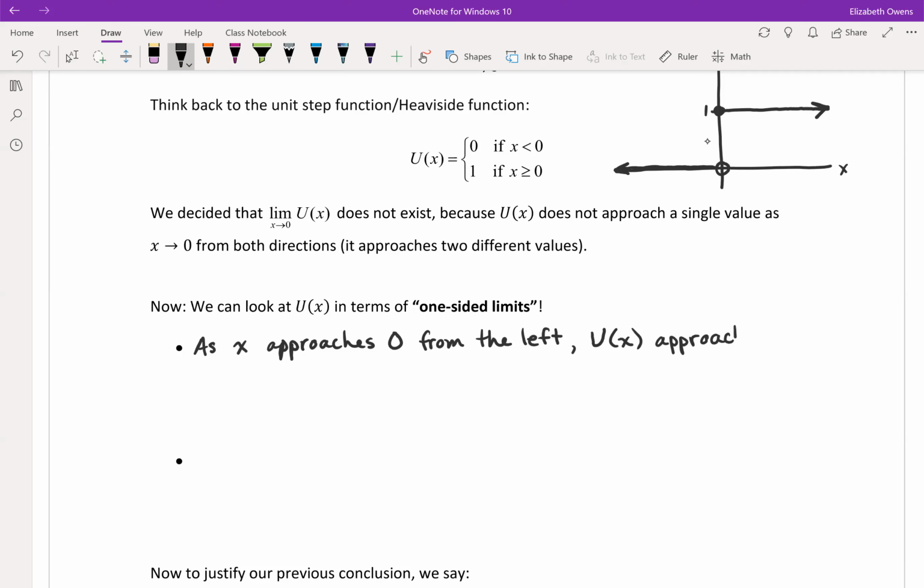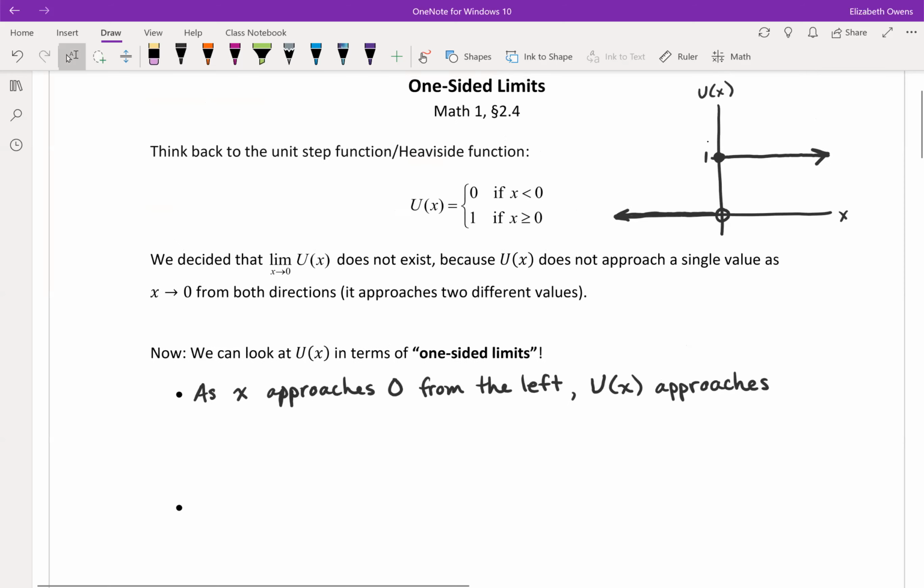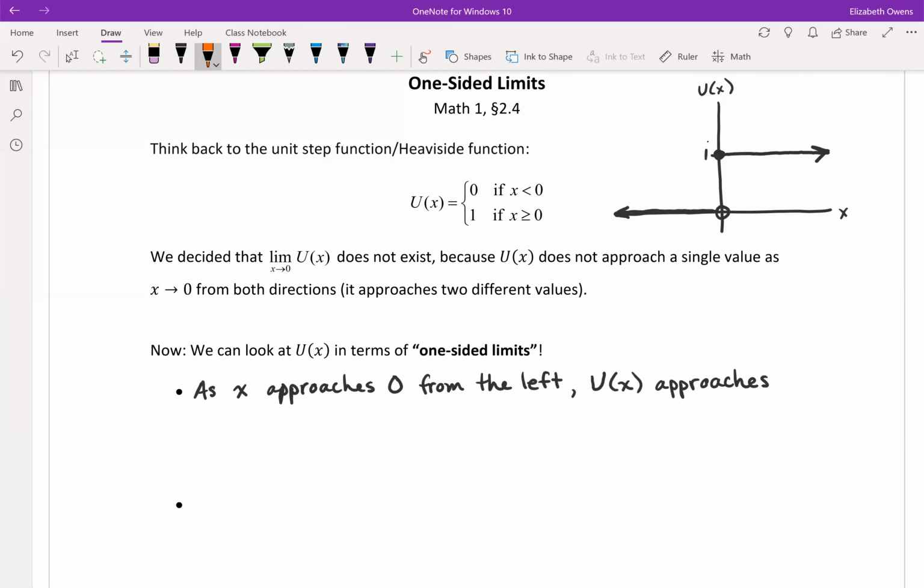So u of x approaches, and let's go up to our graph and look. We're still focusing on x equals 0, but we are going to strictly approach from the left. Take your pointer finger and put it to the left of 0 on the function, like right here maybe. Now we're going to approach x equals 0 coming in from the left.